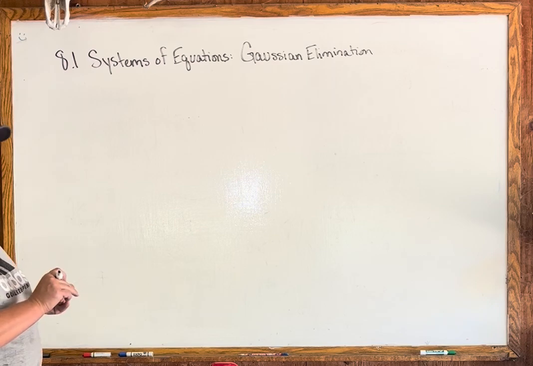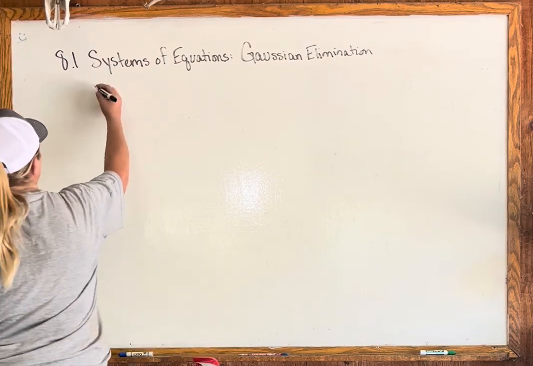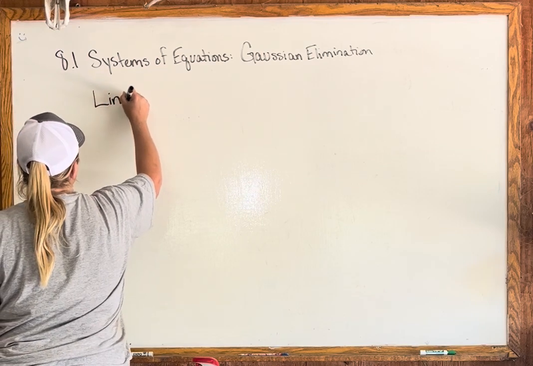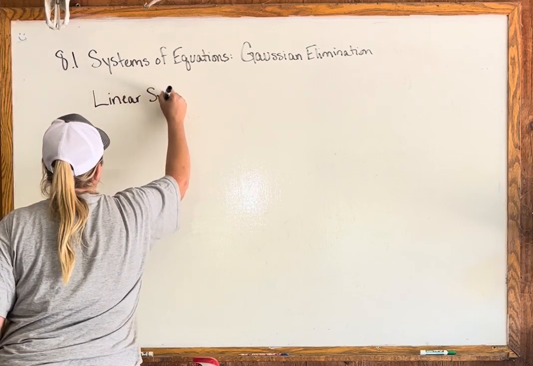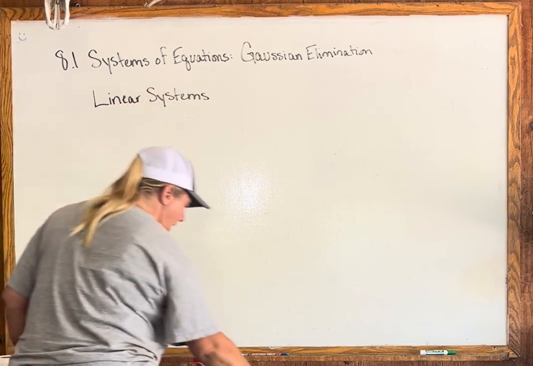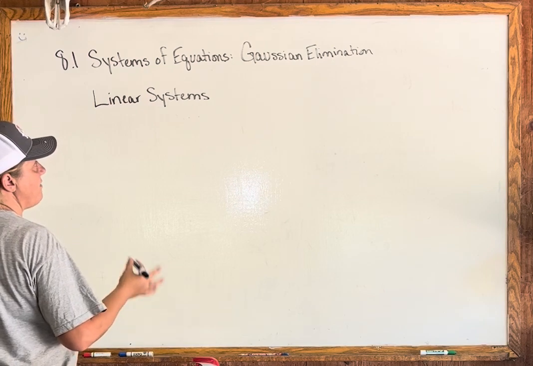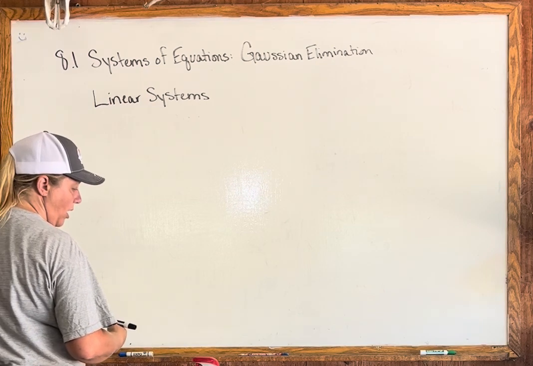So I'm going to remind you what a system of equations looks like, and we're going to look at linear systems to start with, at least. Basically, a system of equations is where you have more than one equation going on at a time.